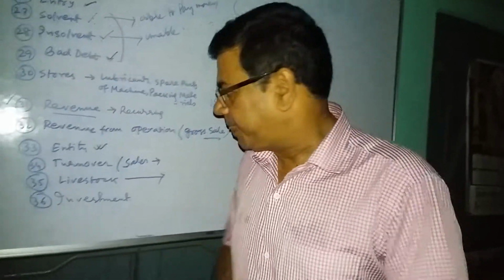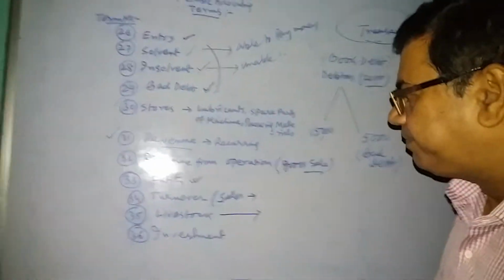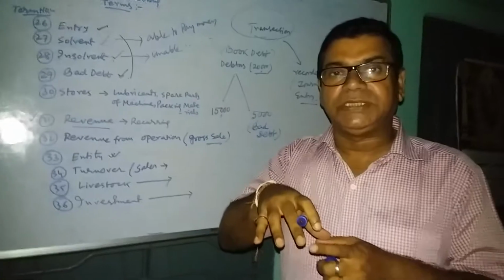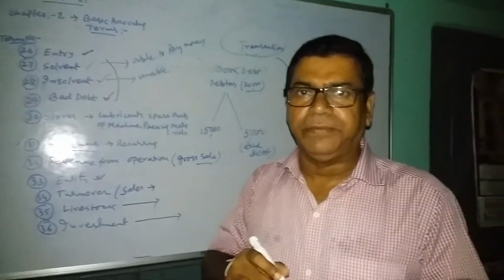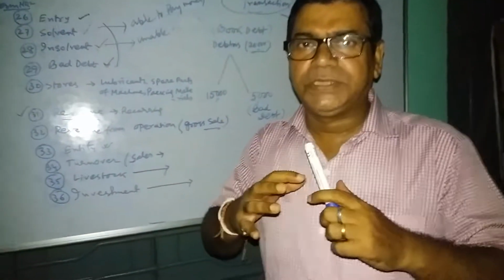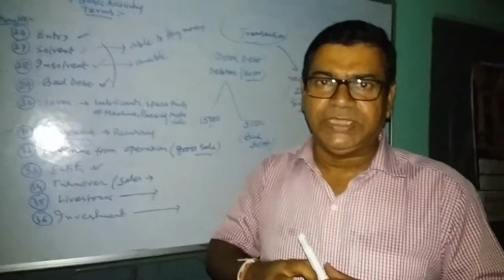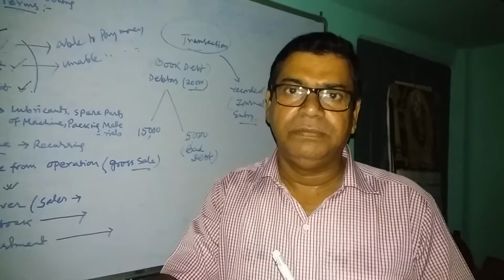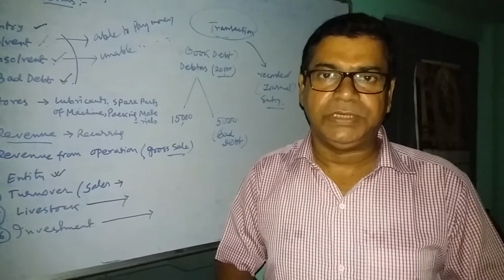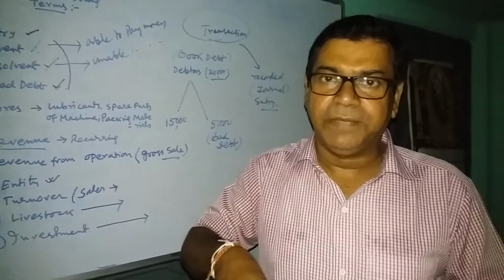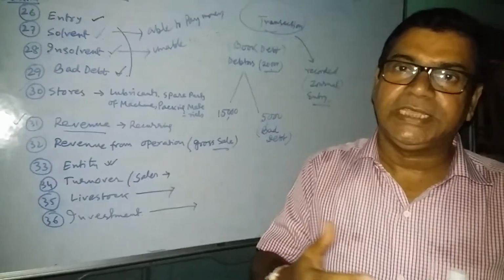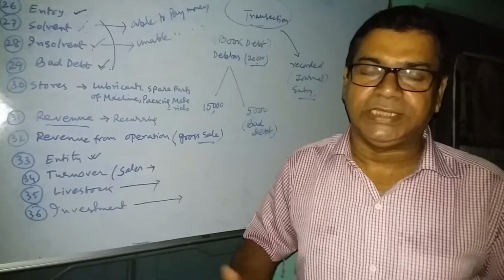द लाइवस्टॉक. एंड द लास्ट बट नॉट द लीस्ट फॉर दिस चैप्टर, इन्वेस्टमेंट. That is amount of the business. Suppose my business I am doing 10 lakh rupees total amount I have arranged. 5 lakh rupees I have given behind my fixed assets for my business. 2 lakhs rupees I have kept as the cash daily working purpose for wages, for salaries, for rent, for interest, like this.